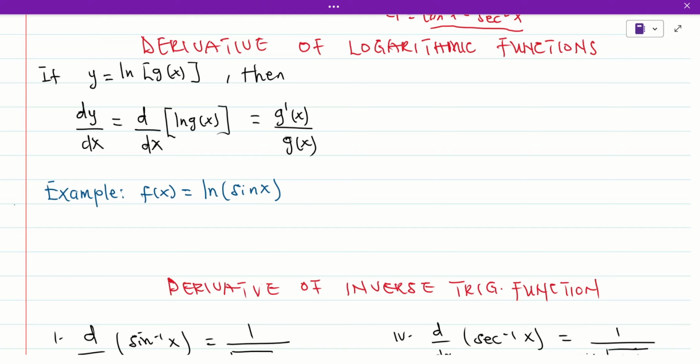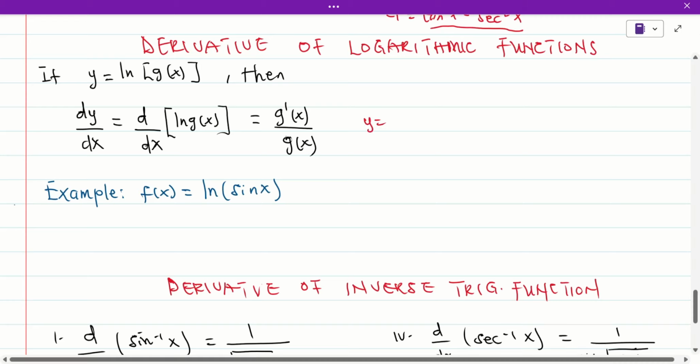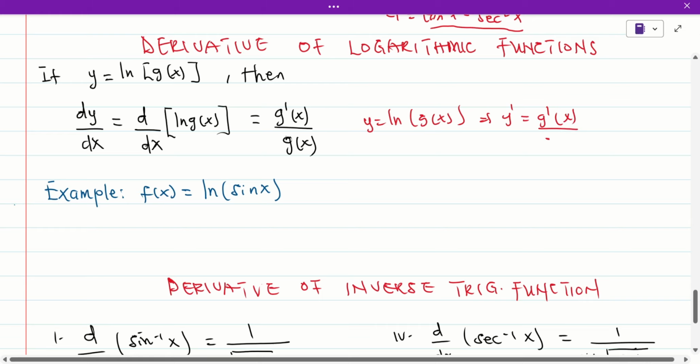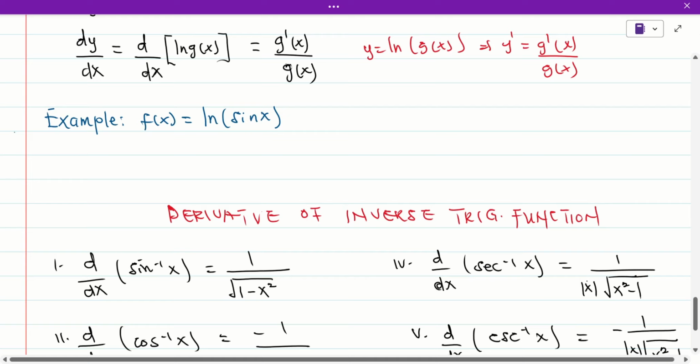So what this is talking about is, if you have y equal to ln of g of x, then dy/dx or y prime is equal to, you differentiate g of x, so g prime of x over the original function g of x. So that's what it is talking about.